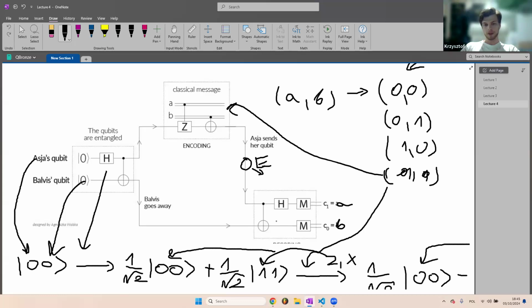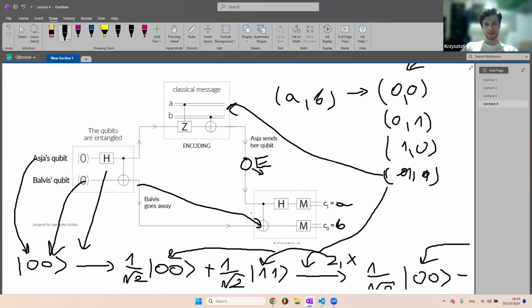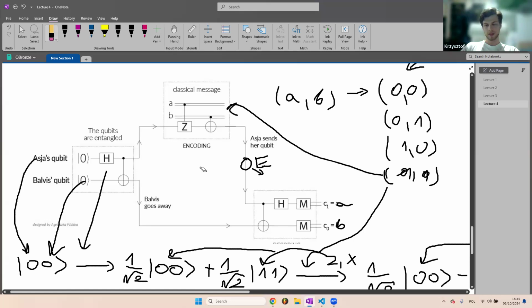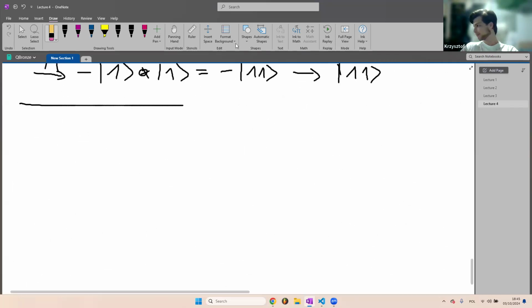So using quantum communication, you are able to detect if someone is listening to your message. And if they are listening, you can just abort the protocol and stop sending the message. But if you are sure that no one is listening, you can then measure your qubits and receive the message from the other person.